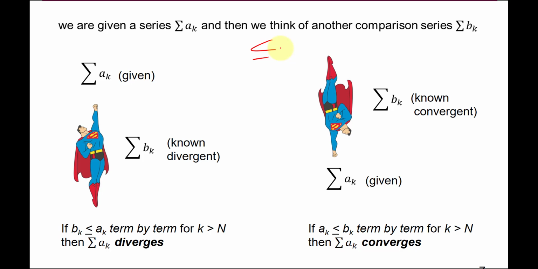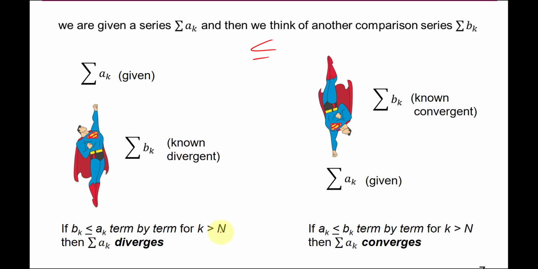And so one option is that the given series is some a sub k, and if I have a divergent series like 1 over n that I am absolutely sure what it does, could be 1 over n, or some p series that I know diverges, then if I know it's divergent and I know it is less, term by term, without the sigmas, if b sub k is less than or equal to a sub k, just the terms themselves, term by term for all values after some big N.